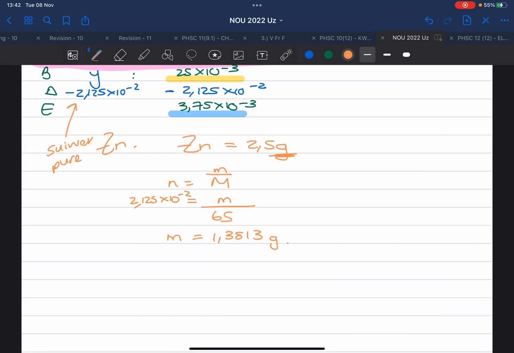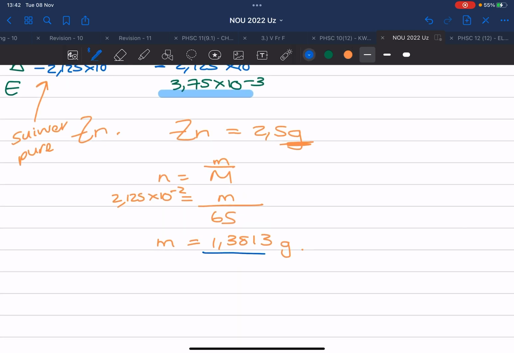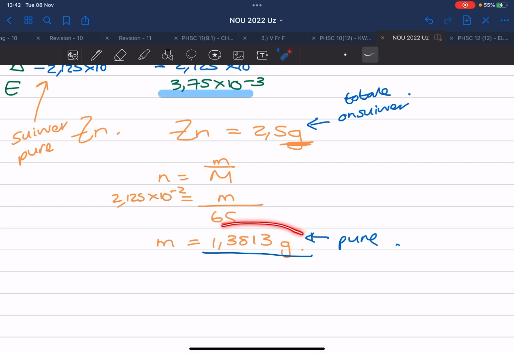Okay. Wat het ek nou net gaan uitwerk? What did I calculate? That there is the mass of pure zinc. Daar is suiwer sink, hierdie is onsuiwer, die totale onsuiwer. Okay, so they want the percentage impurities, nie percentage purity nie, soos wat ons altyd doen, net percentage impurity. So hoe gaan ek uitwerk wat is die massa van die onsuiwer?